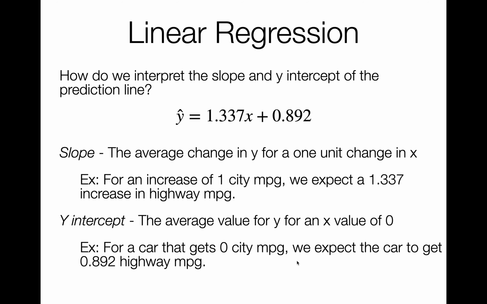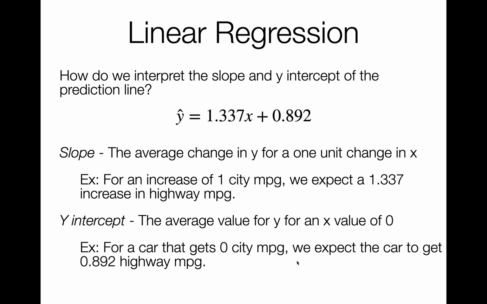So for this example, it would say for a car that gets 0 city miles per gallon, we expect the car to get around 0.892 highway miles per gallon. And if you think about this for a second, you should say, wow, that doesn't make any sense at all. And you're right, it doesn't.